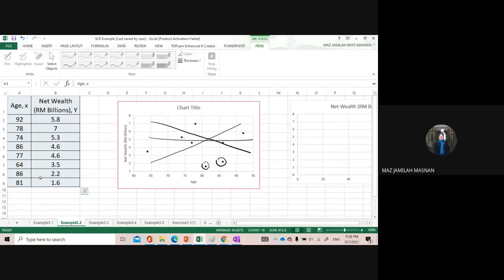For example, at 86 you have 2 points. One of the y is 4.6 and the other y is 2.2, so we cannot really tell whether the relationship is positive or negative. Based solely on the scatter plot, we cannot really tell whether age and net worth have a linear relationship.